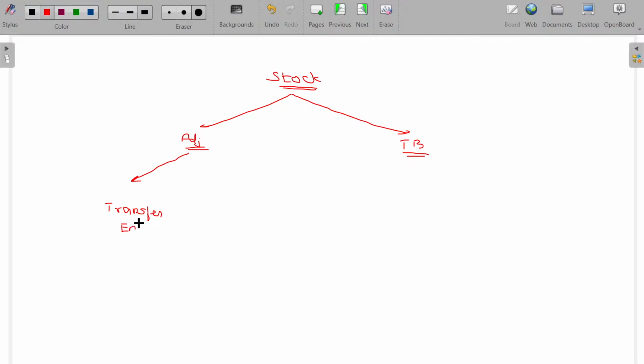Of course, we can skip that one also, no problem. Usually, transfer entry is not required, but you have to understand the logic of transfer entry. The closing stock will appear in the trading account credit side as well as the balance sheet. Further, the journal entry for closing stock: Stock in trade account debit to trading account.